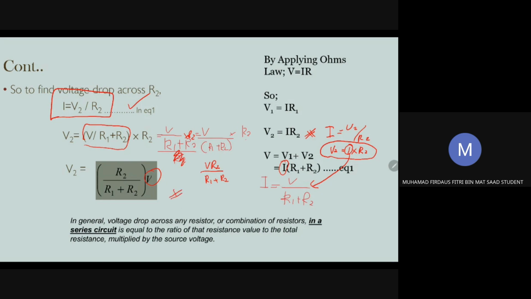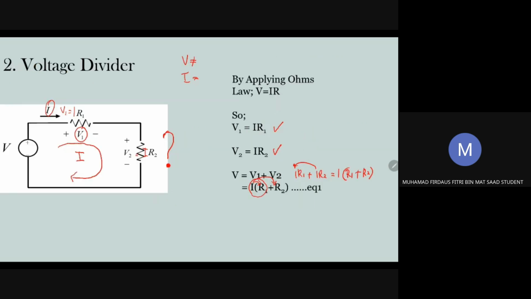Actually, if you remember it, it's okay. This is the way I show you how to get R2 over R1 plus R2. So it's quite simple for the voltage divider actually. If you want to get V2, V2 is equal to R2 over R1 plus R2 times the voltage supply over here.